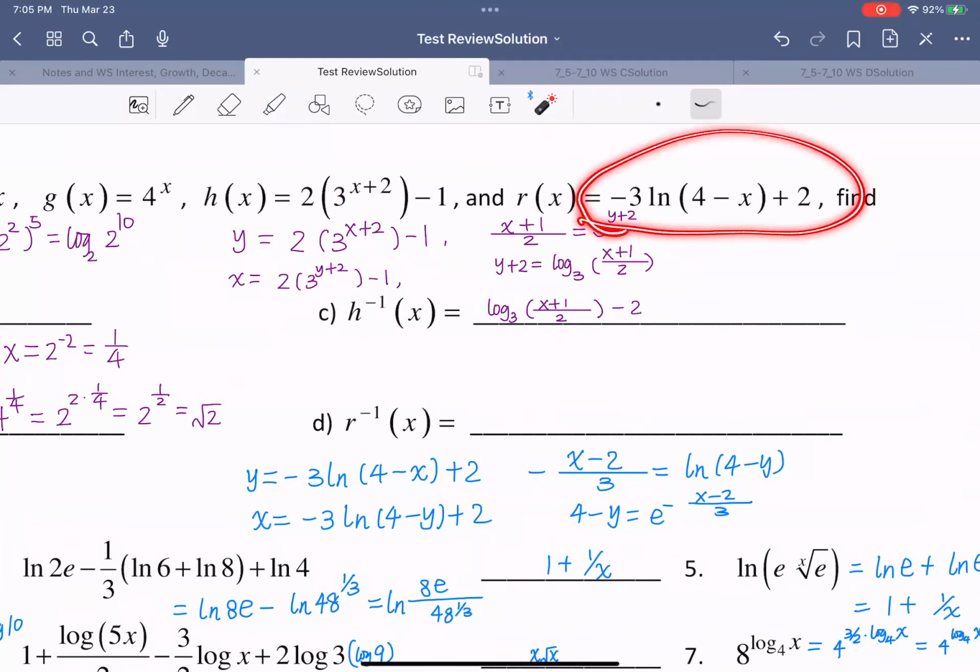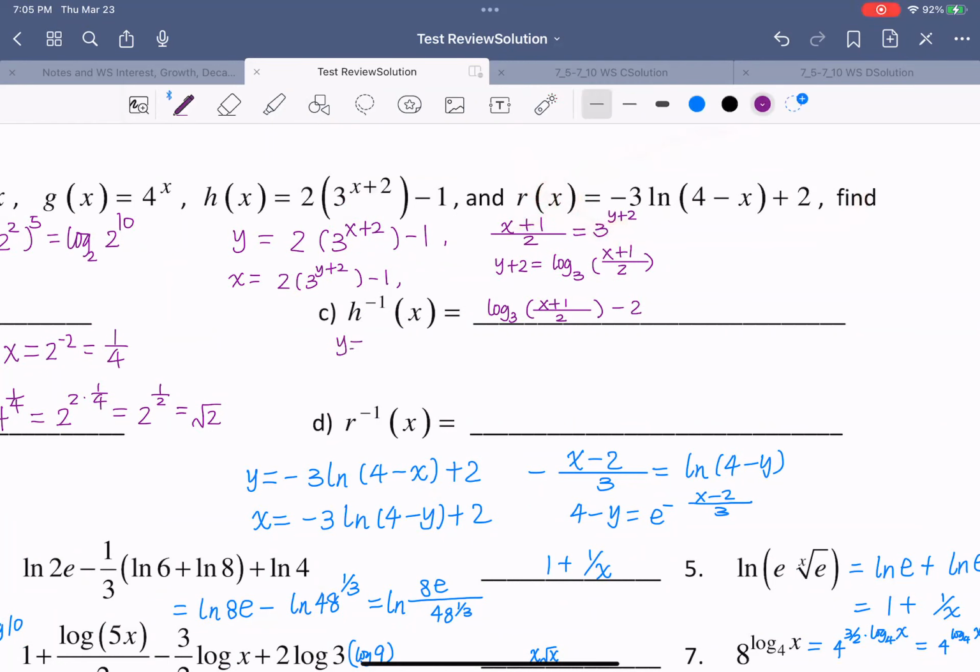You make y equal to this. So first step, write down this and switch x and y. And then let's go ahead, move this, right?